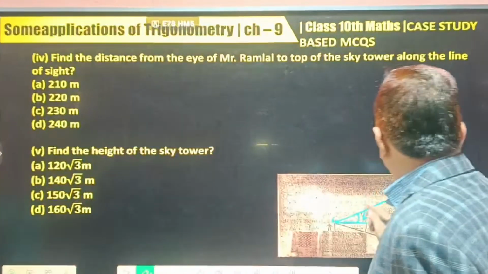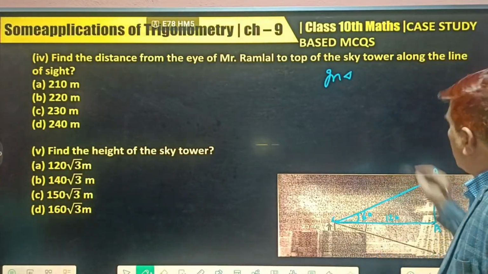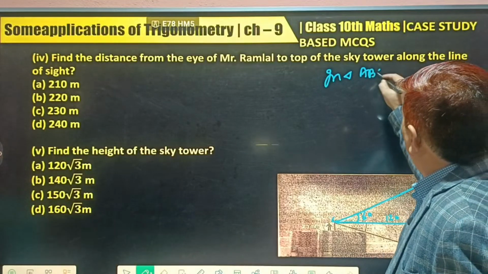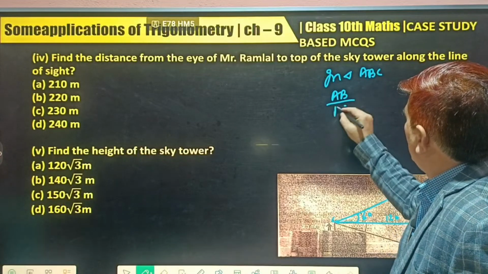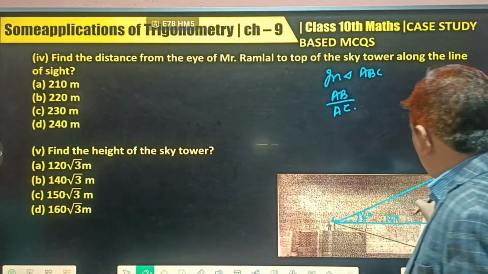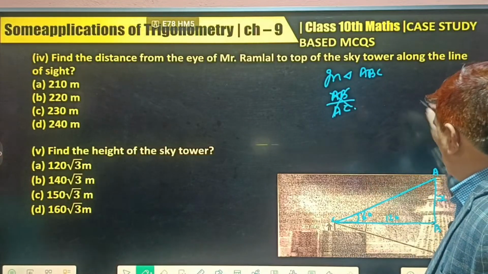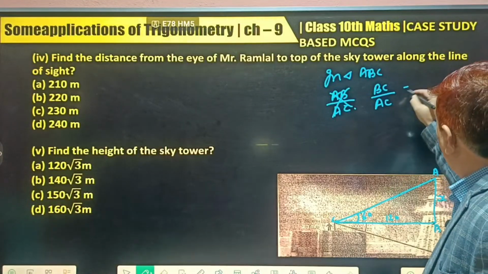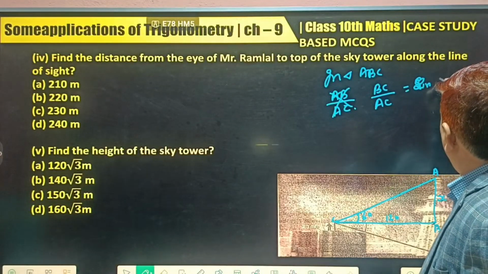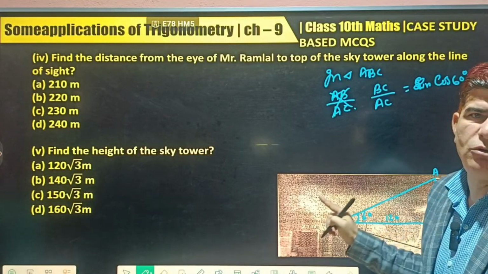So what can we take? In triangle ABC, BC by AC is equal to cos 60 degree, base by hypotenuse.